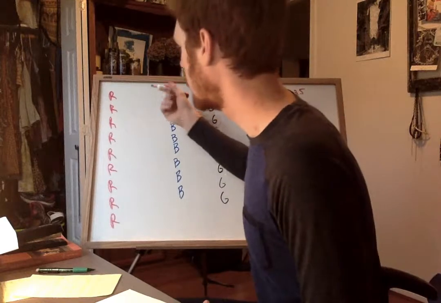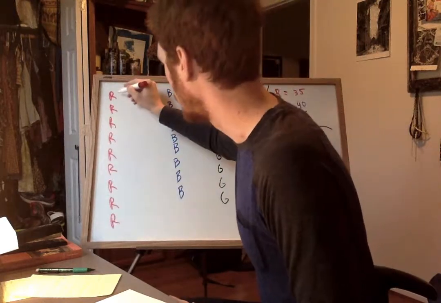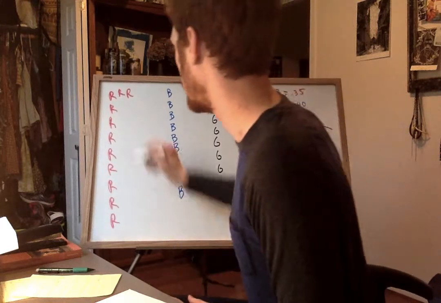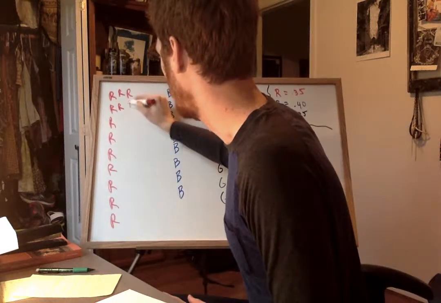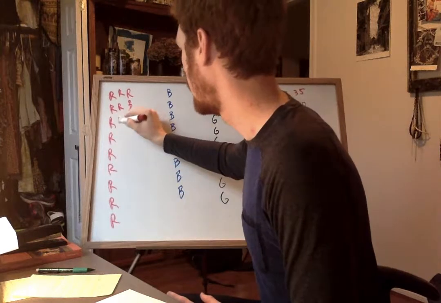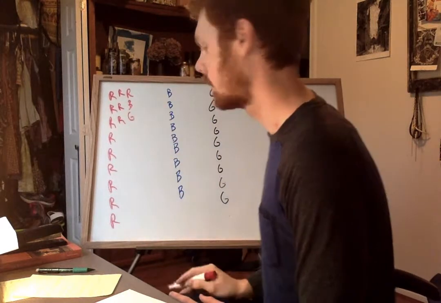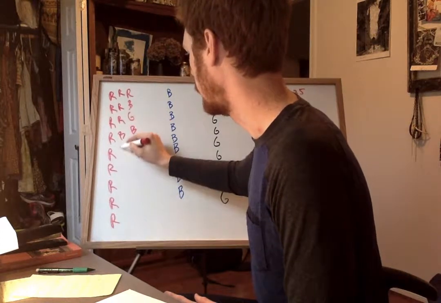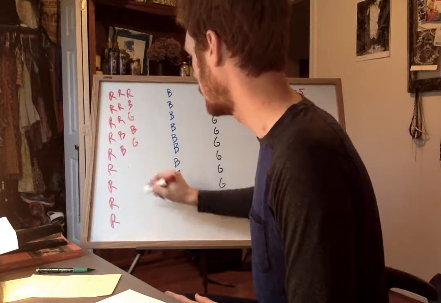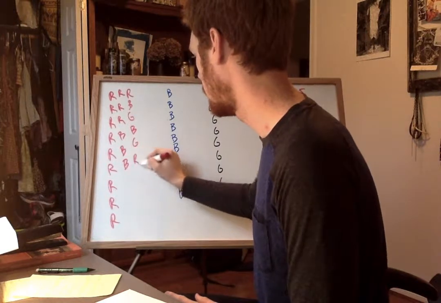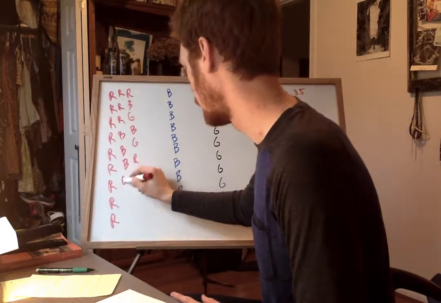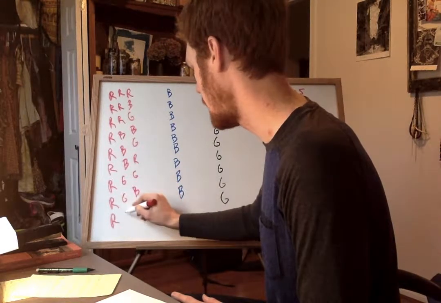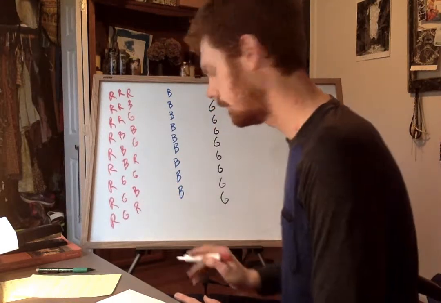So we could draw 3 times and get a red and a red. We could get a red and a blue, a red and a green. We could get red, blue, blue; red, blue, green; red, blue, red. We could get red, green, green; red, green, blue; and red, green, red.